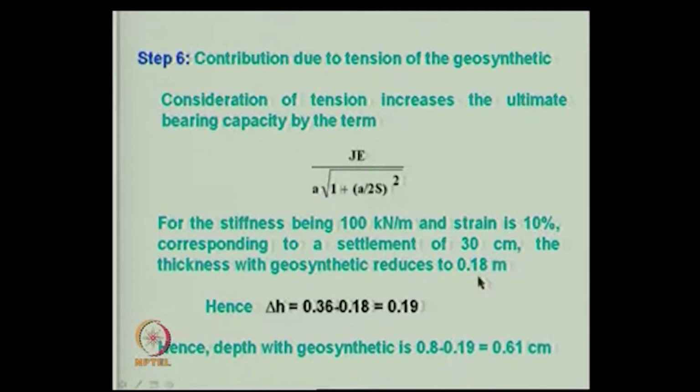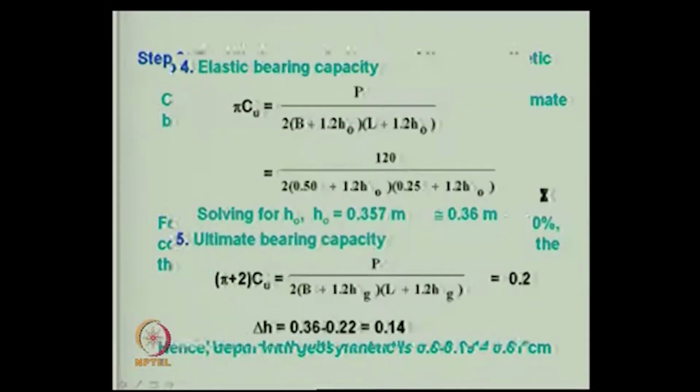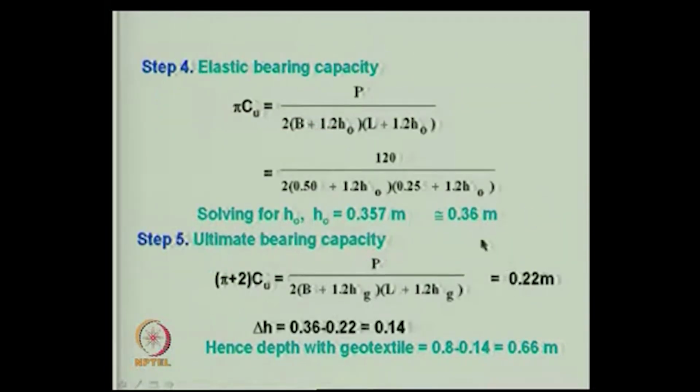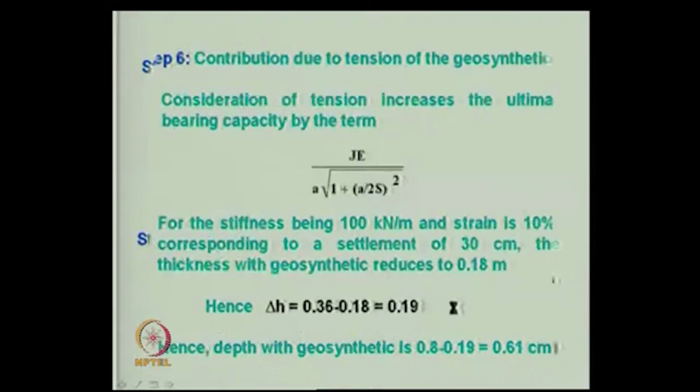Okay. So, 18 centimeters. What I meant was that in this case previously, I will just show you the previous one, it is about 0.14, and now in the same thing you put that, this term has to be put into that equation again.